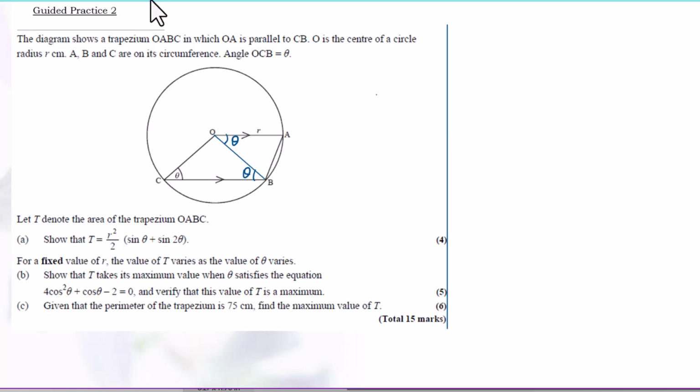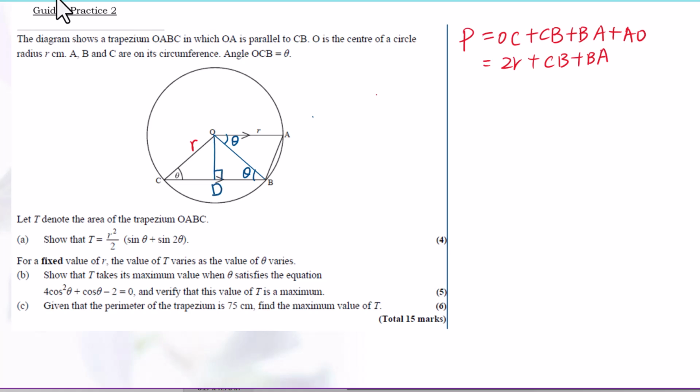Let's figure out this perimeter equals OC plus CB plus BA plus AO. This is R. So we got 2R plus CB plus BA. Let's draw the height for this isosceles triangle OCB.